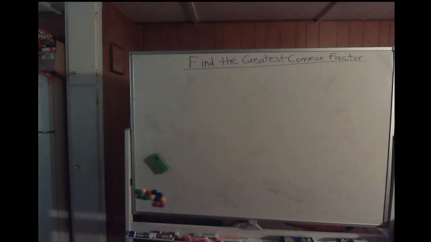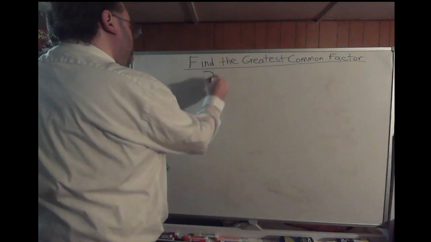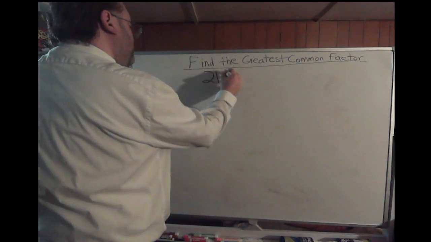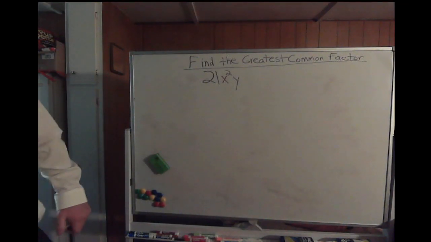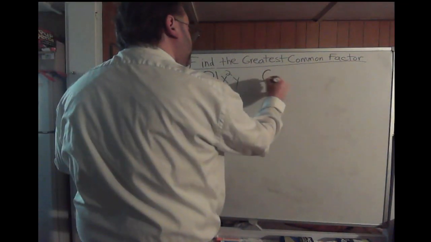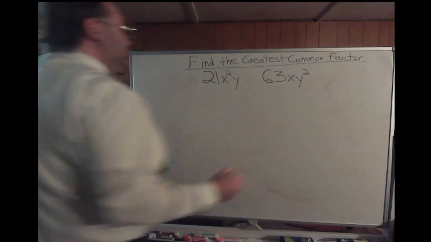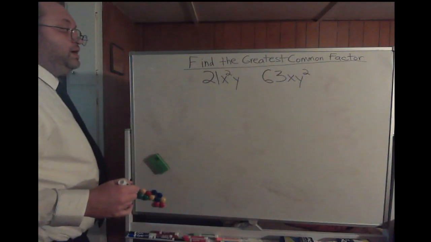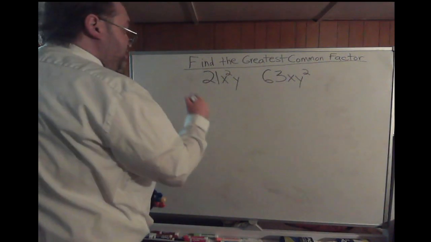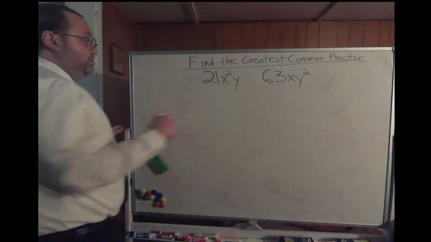Let's do one more of these, then we're going to move on to factoring some expressions. We have 21x squared y and 63xy squared. Let's start with taking the prime factorization of each monomial.